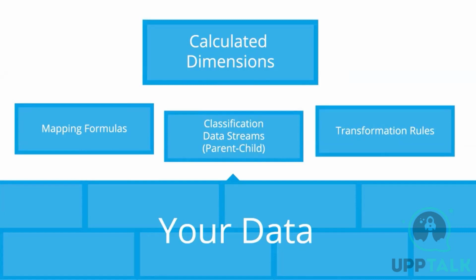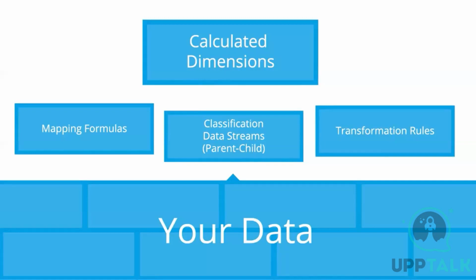Then come your classification data streams and parent-child data stream. We will do parent-child later. After this, we will do parent-child, because once you know calculated dimensions, parent-child is easy. Datorama treats parent-child as coming first, but what I feel is, once you know your calculated dimensions, parent-child is easy. And then transformation rules or transformers.